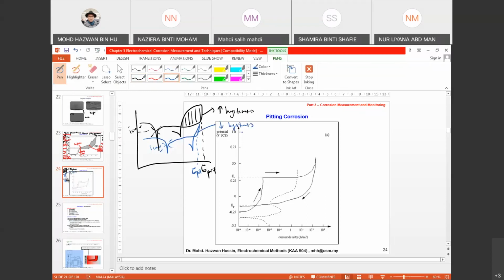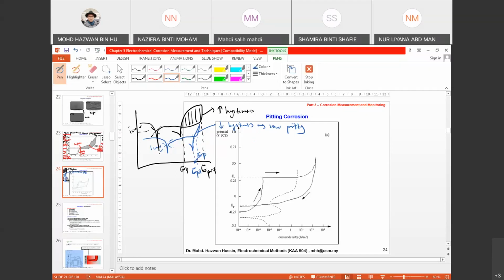So low hysteresis, what does it mean? Low pitting. And then this is the ERP, repassivation potential for without inhibitor, and this is the ERP with the presence of inhibitor.